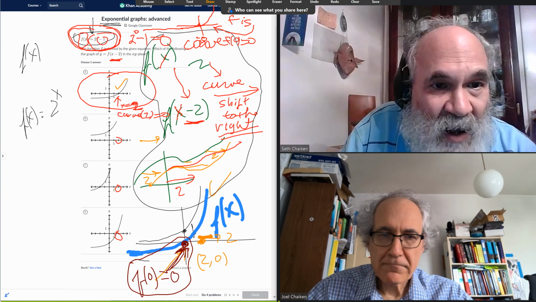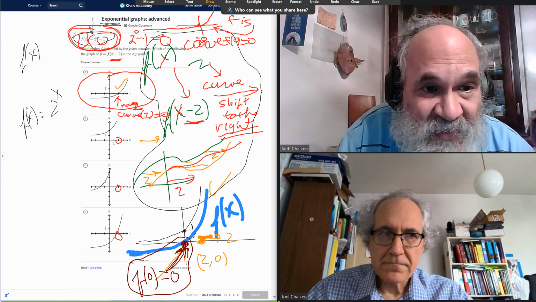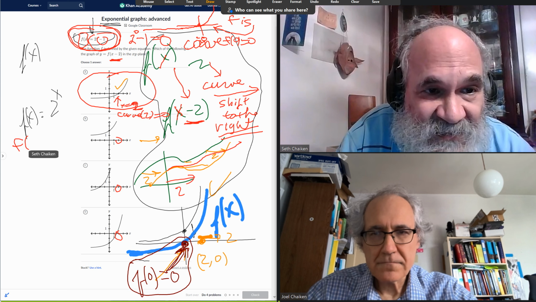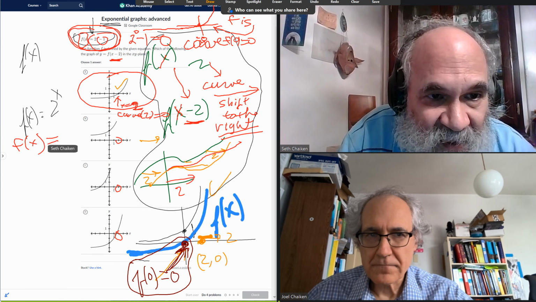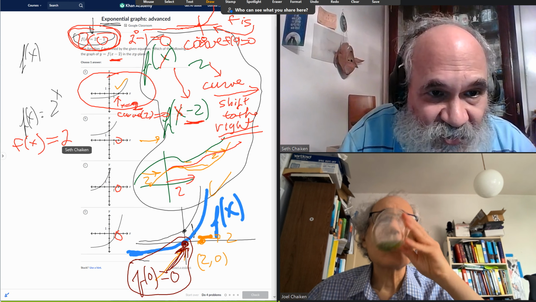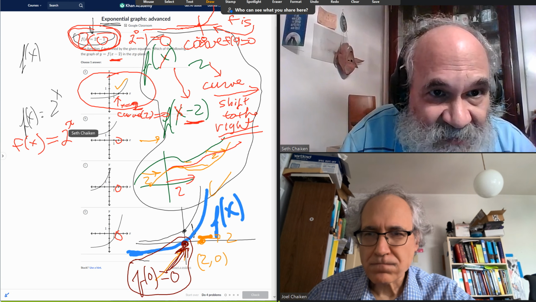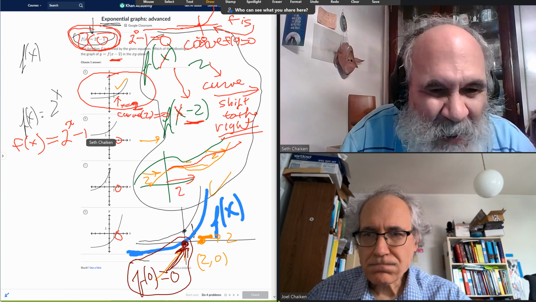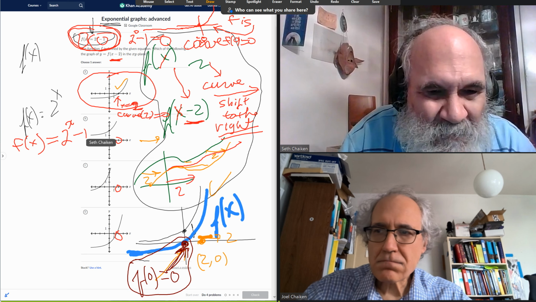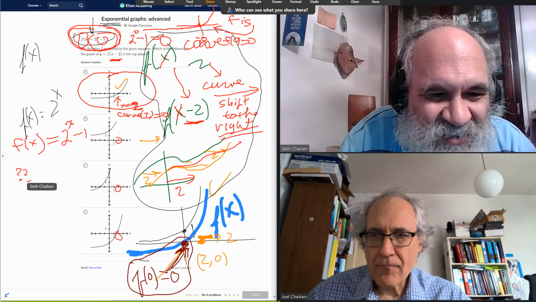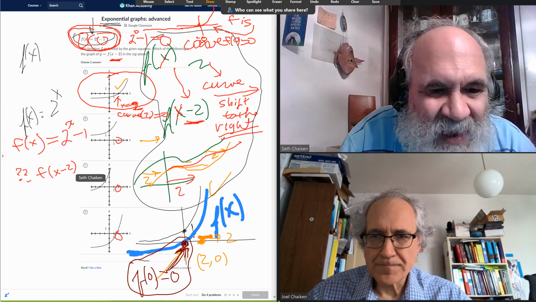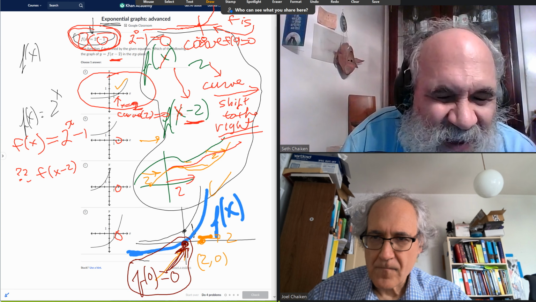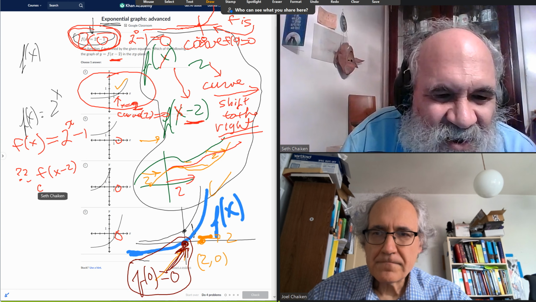Again, I'm going to write what they wrote. f of x is 2 raised to the power of x minus 1, right? Well, they're asking us about f of x minus 2 and what the curve of that looks like.